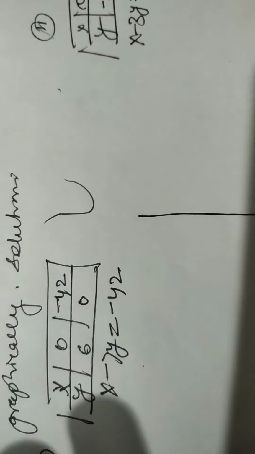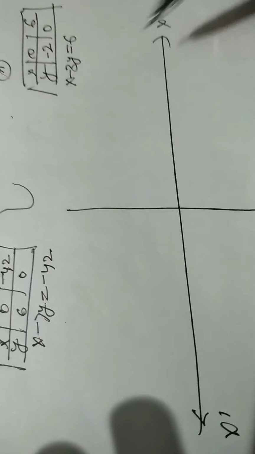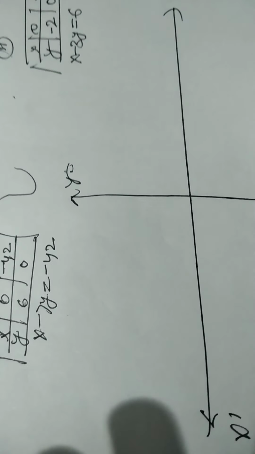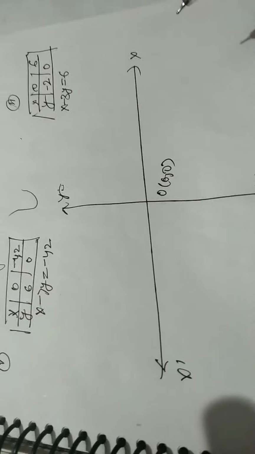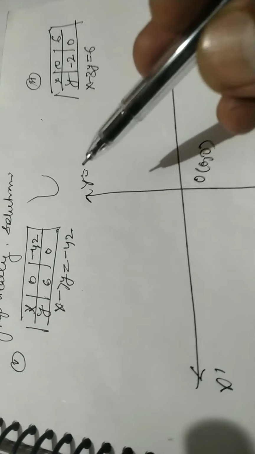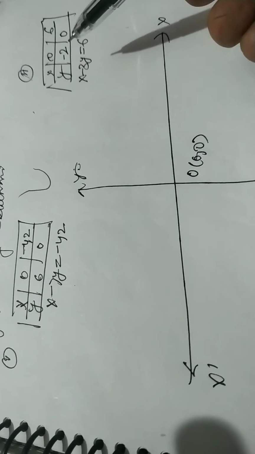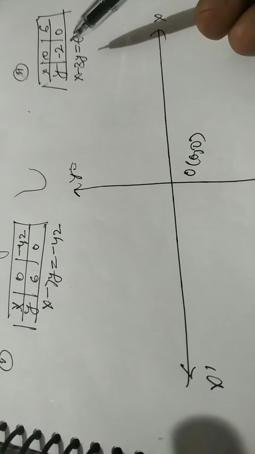Now draw the Cartesian plane. This is X dash and that is the x-axis. This is Y and Y dash, and this is O, the origin 0, 0. Now the maximum number is minus 42 and the minimum is minus 2.